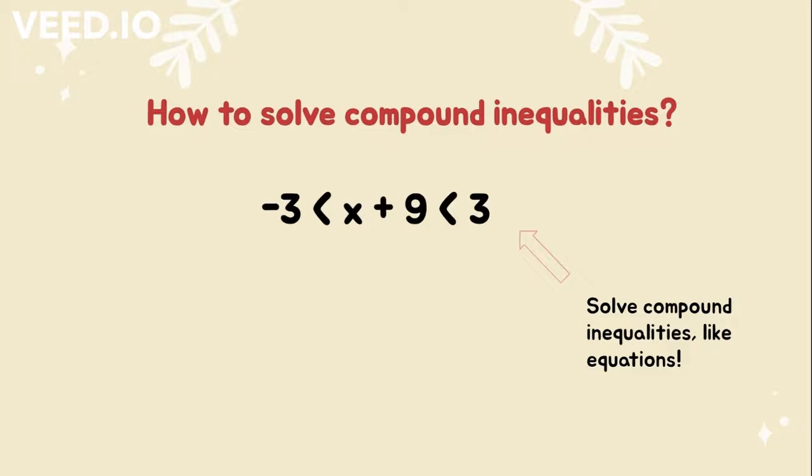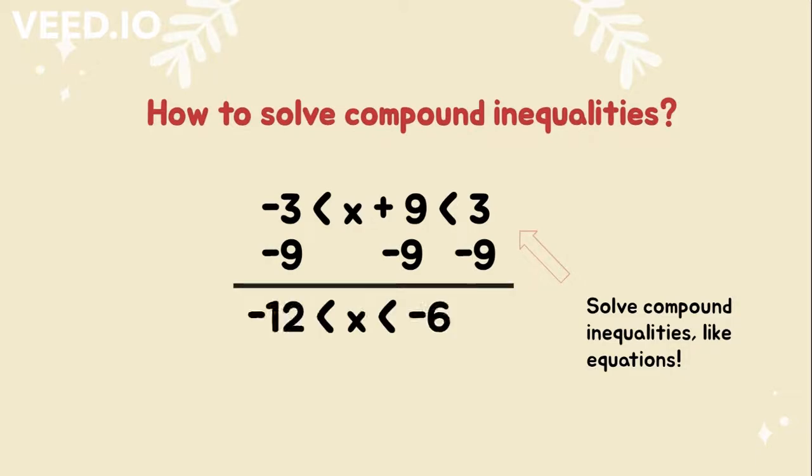In order to get rid of that 9, we want to use inverse operation, meaning that you're going to do the opposite of what you're doing to x. So instead of adding 9, you're going to subtract 9, because that's the only way you're going to cancel out that number. When you subtract 9, you get the answer of -12 < x < -6. And since x is isolated, that will be your final answer.